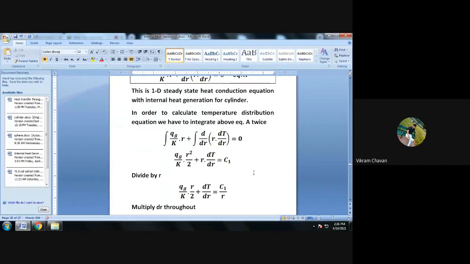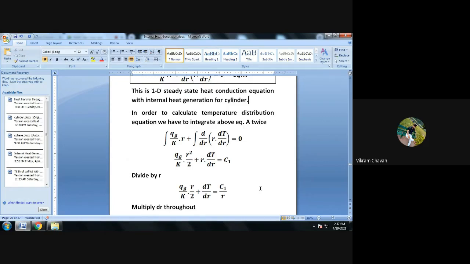So write down: in order to calculate the temperature distribution equation, we have to integrate the above equation A twice. We have to integrate twice because a double differentiation is there.